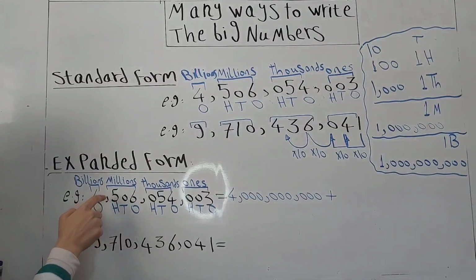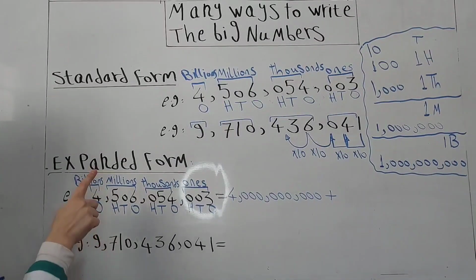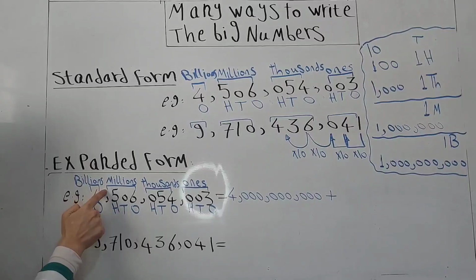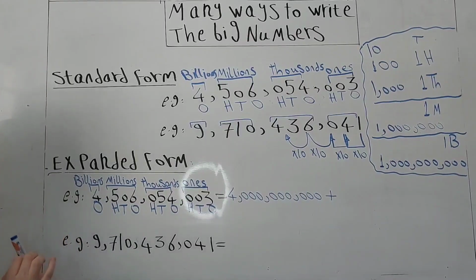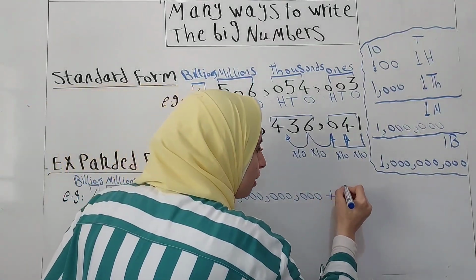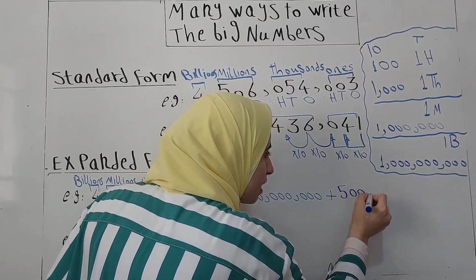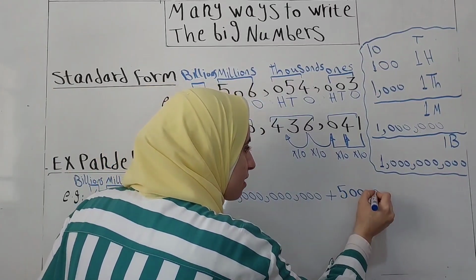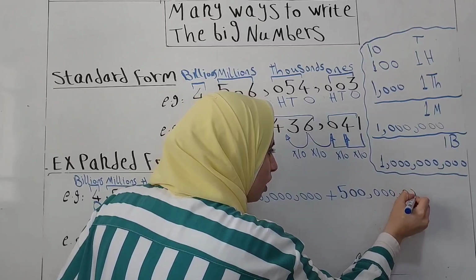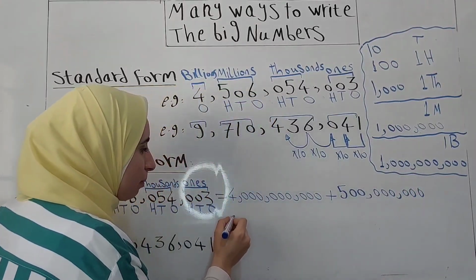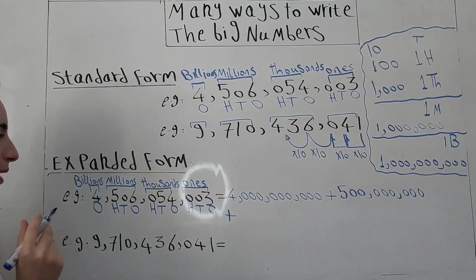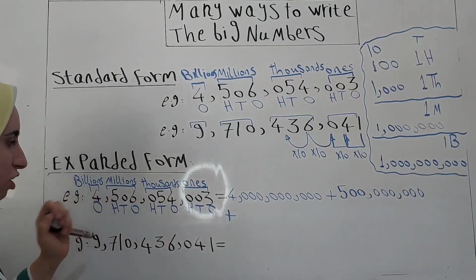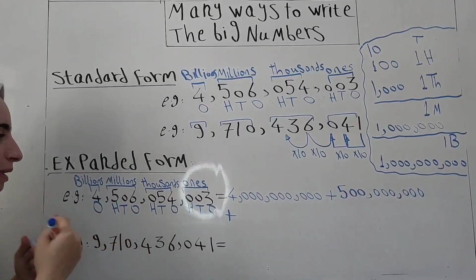The next digit is 5, in the hundred millions place, so we write 500 million. First we write 500, then millions has 6 zeros. Then a plus sign. The next digit is 0, but the value of digit 0 in any place is 0.